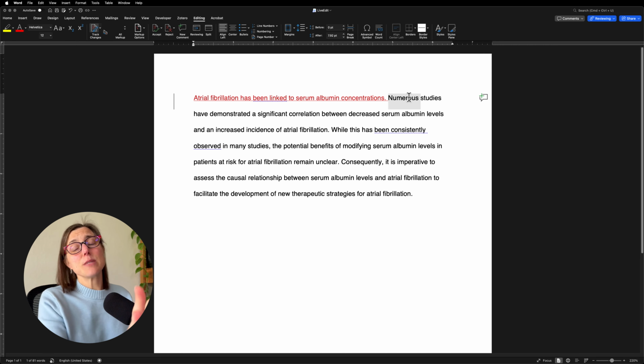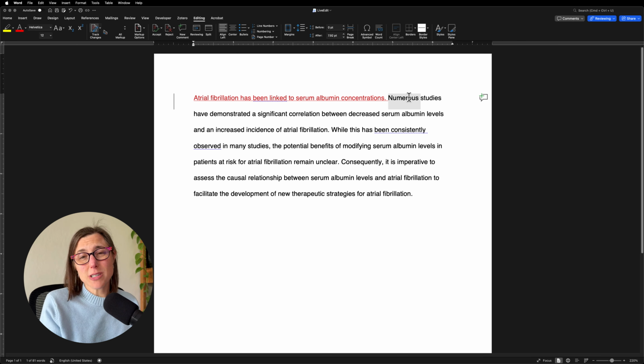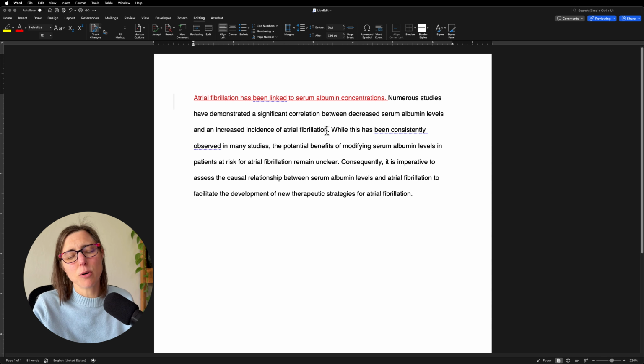In this particular case, we can still signal that there are numerous studies by adding citations at the end of this sentence. For this example, there are no citations because I revised it based on something that I had found. But I would make sure to add multiple citations at the end of this sentence, not just one or two, but several, to show the reader that there are many studies that have demonstrated this.